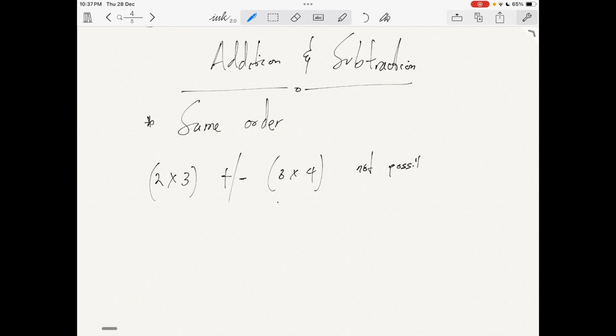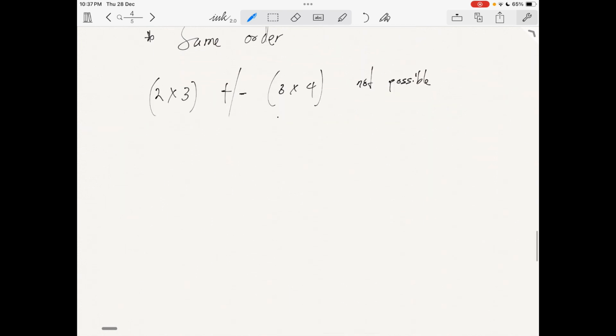Because let's take, for instance, the 2 by 3 matrix. Let's say we write it as A11, A12 and A13, and A21, A22 and A23. That means 2 rows and 3 columns. And we want to add this to, or subtract it from, a 3 by 4 matrix, 3 rows and 4 columns.